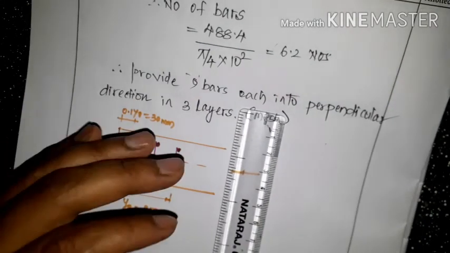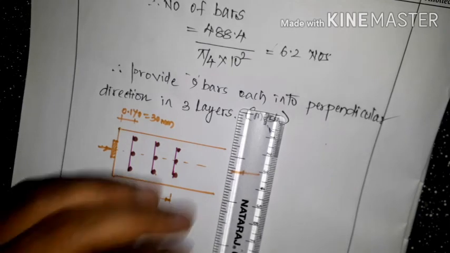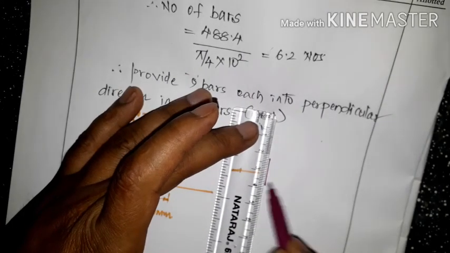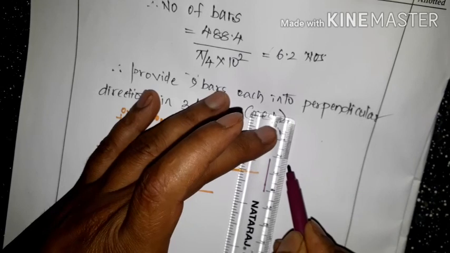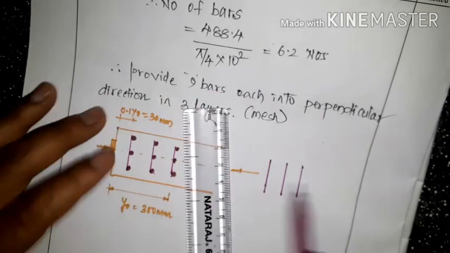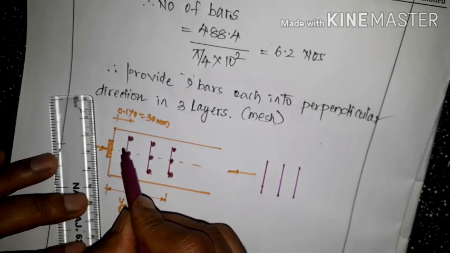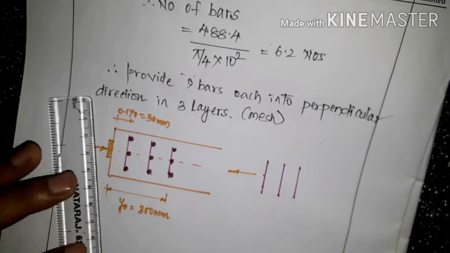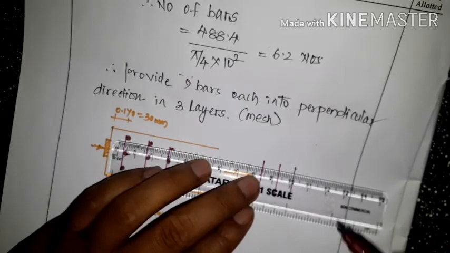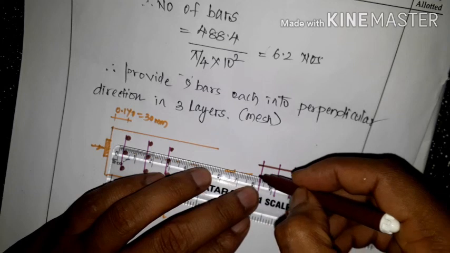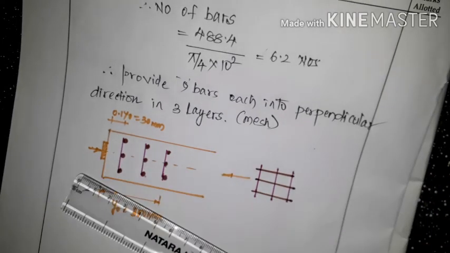I'll use the same color here. So the vertical bars you can see like this: 1, 2, 3. So these 3 bars. 1, 2, 3, and horizontal bars 1, 2, 3. Are you getting it?